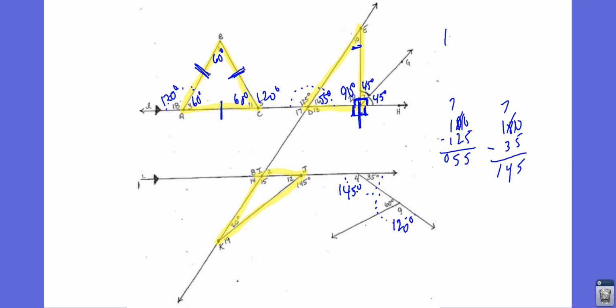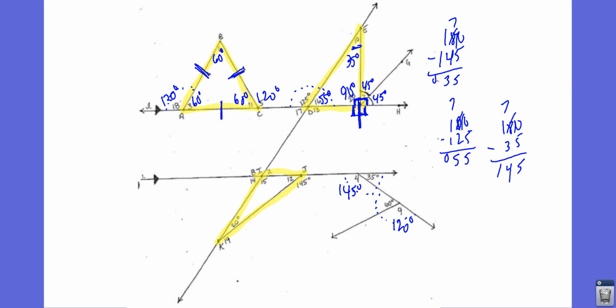So to find out what's left out of a 180-degree triangle, and we have 145 degrees, we need to take it away. 35 degrees. So far we have everything on the top, the top exterior part of the transversal is completely solved.